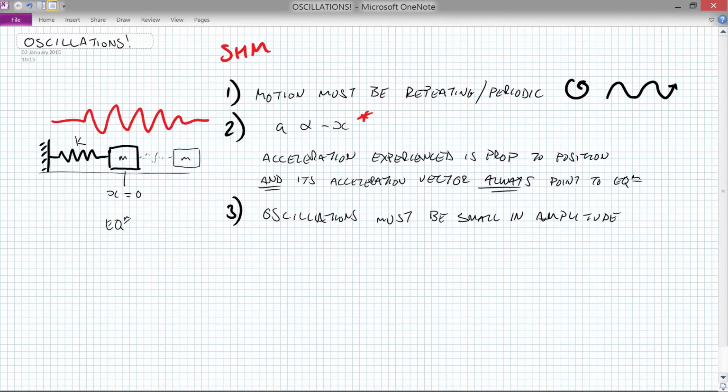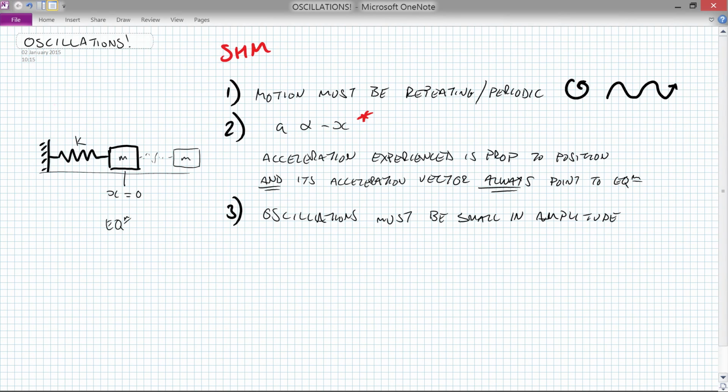Obviously, then we're going to have some problem because we're going to go beyond the elastic limit, and therefore Hooke's law is no longer going to be true, and therefore this is not going to be true either. So really that third rule is just to ensure that the second rule is in place. And if you like, you can work your way backwards here. 3 ensures number 2, 2 ensures number 1. So there's our basic 3 rules.